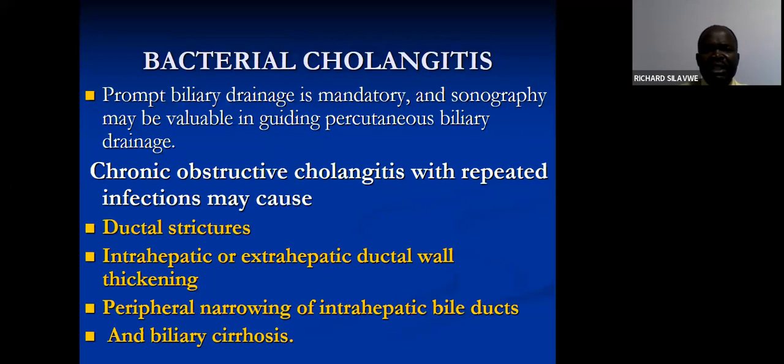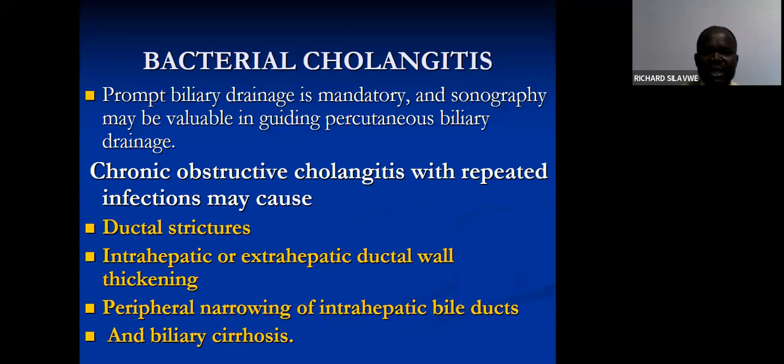Prompt biliary drainage is mandatory, and the sonograph may be valuable in guiding percutaneous biliary drainage. So sonographically, you can help the radiologist or the doctors to drain, for example, the abscesses. That is what we mean by valuable in guiding percutaneous biliary drainage.